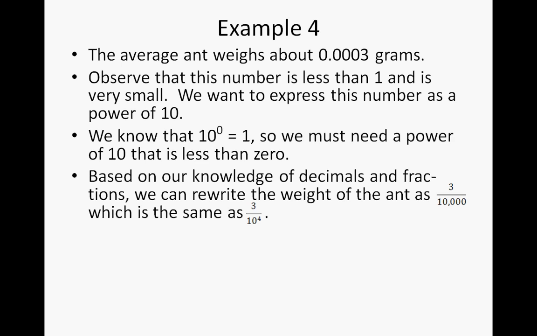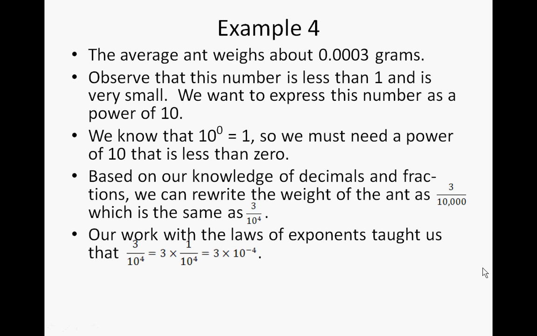So based on our knowledge of decimals and fractions, we can write the weight of the ant as 3 10,000ths, 3 over 10,000, which is the same as 3 over 10 to the 4th power.